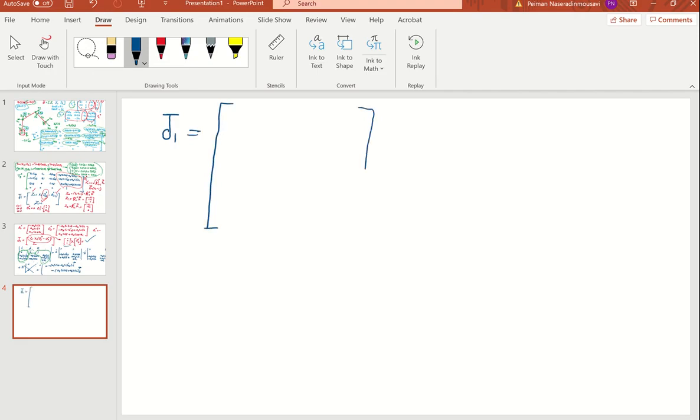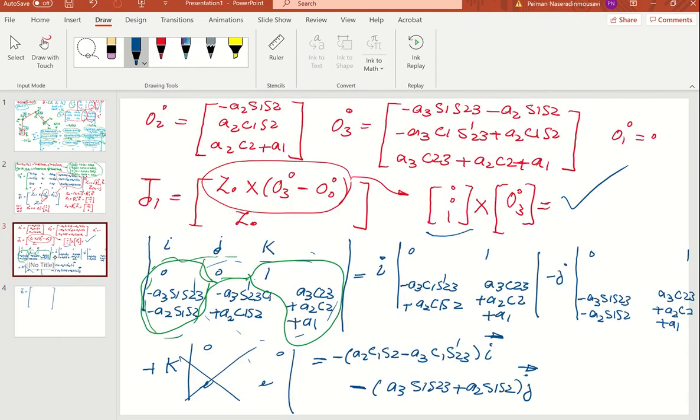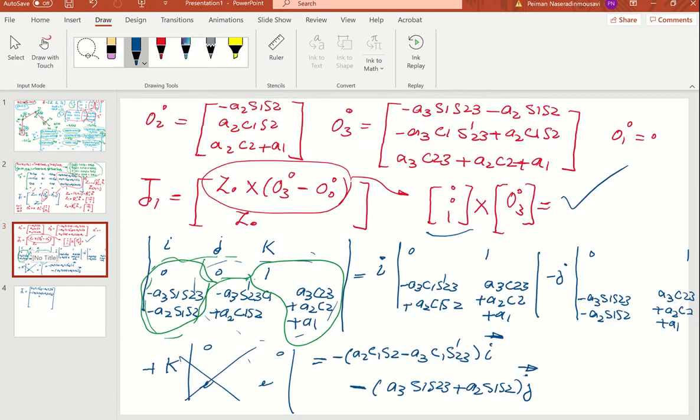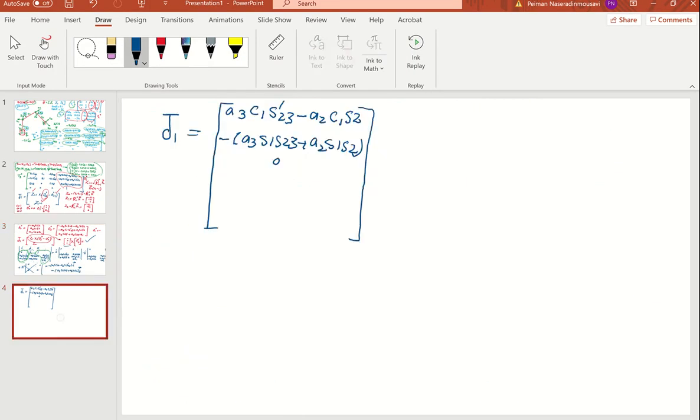So J1 is going to be based on what I wrote out here. Look at here, I found it. It is going to be a3 cosine 1 sine 23 minus a2 cosine 1 sine 2, and minus a3 sine 1 sine 23 plus a2 sine 1 sine 2, and the last part is 0, because it is k0 and Z0 is again 0, 0, 1.